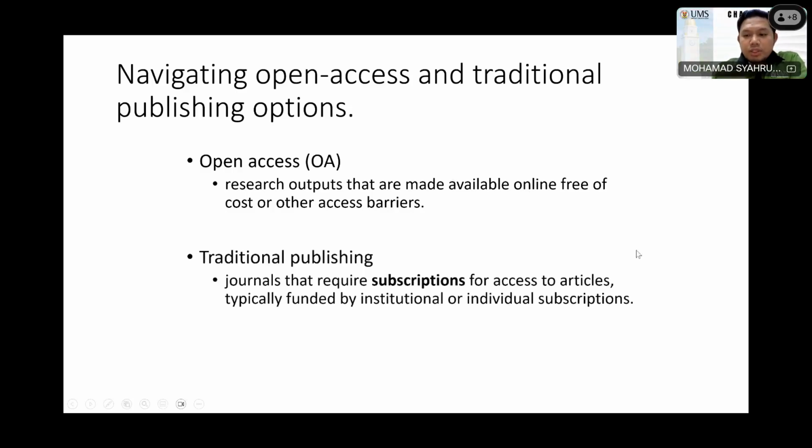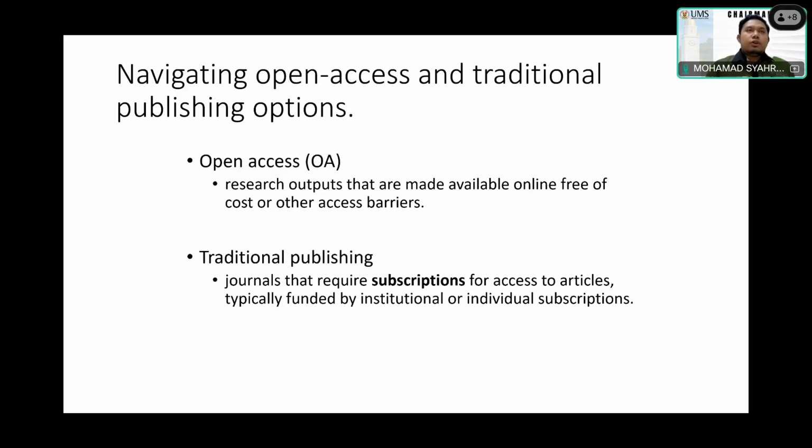Traditional publishing means journals that require a subscription. Some journals let you choose, in the submission system before you submit your work, either open access or traditional publishing, also called by subscription.